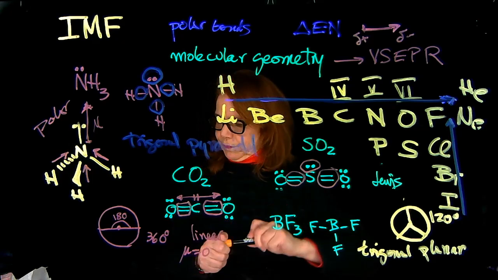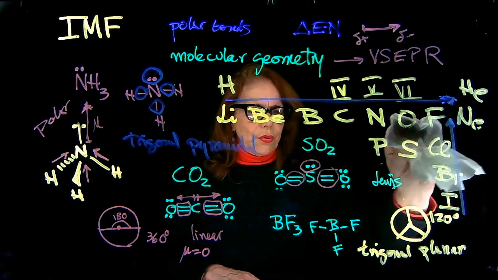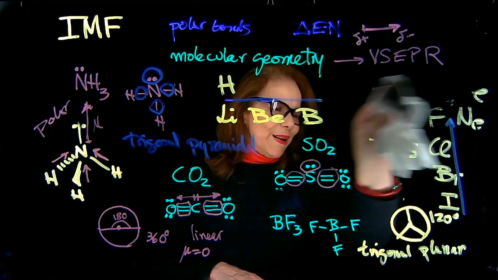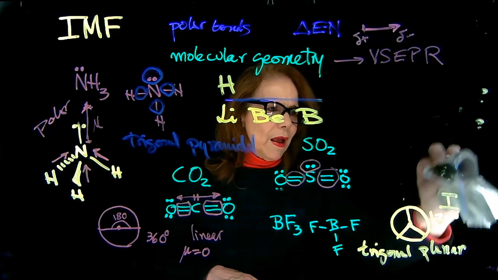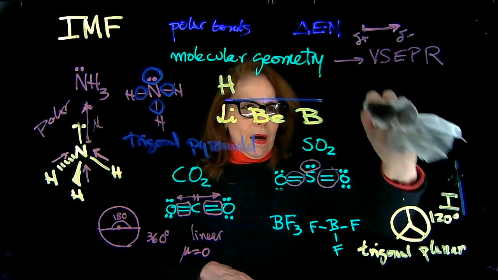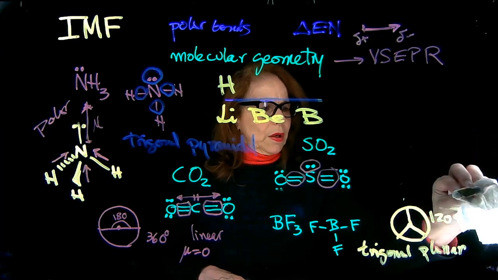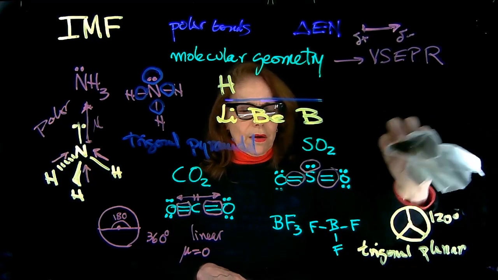I'm going to erase my periodic table to be able to continue the drawing. I'm not going to redraw the molecules. We're going to contrast BF3 with the other geometry, sulfur dioxide.